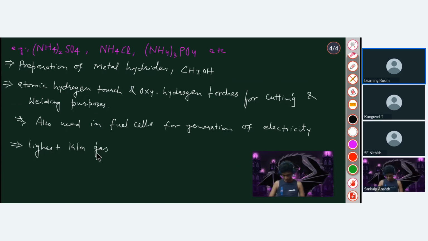We can use it in balloons, but it is always preferred to use helium, because hydrogen is a fuel gas and it can burn, it can even explode, and it has a very high calorific value. That's why we don't prefer hydrogen in balloons; we prefer helium, which is an inert gas.